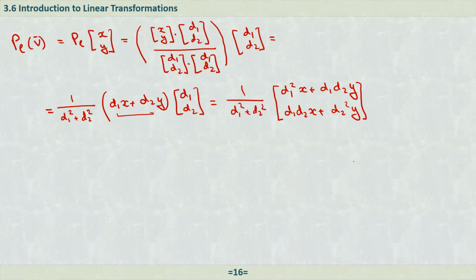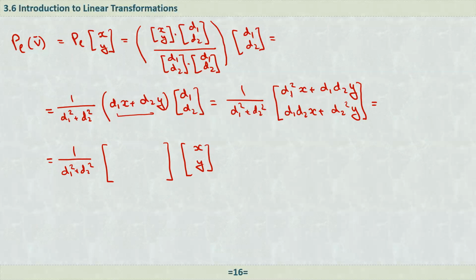Now, I'm trying to show that this is just the product of a matrix and the original vector. So how can I write this as a product of a matrix and that vector? As you see here, in x and y, it looks like a system of linear equations. So I can write it as 1 over d1 squared plus d2 squared, times a matrix, times the vector x and y.